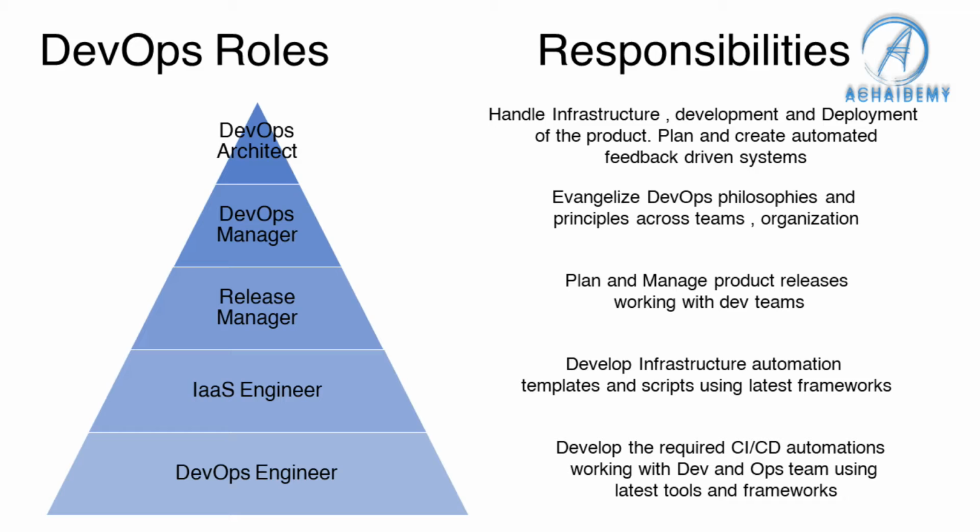So the DevOps manager is somebody who identifies the process, who tells, okay, I need a build process. In the build process, I need ABC, I need XYZ steps. So the DevOps manager ensures for a particular application or for a particular product, the DevOps processes are followed.